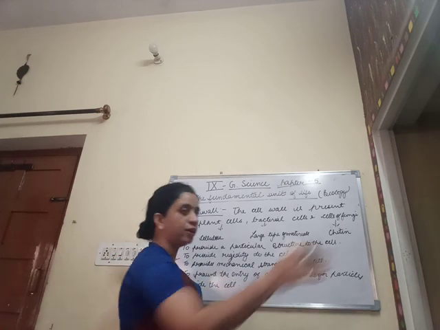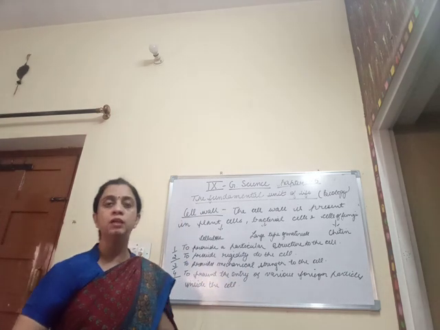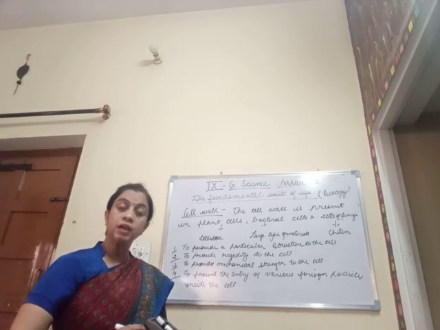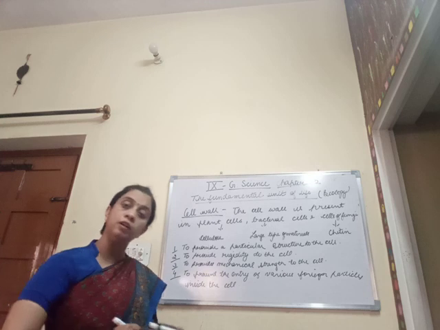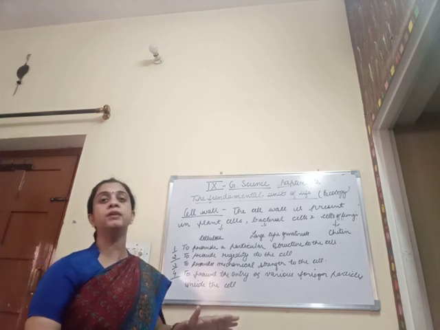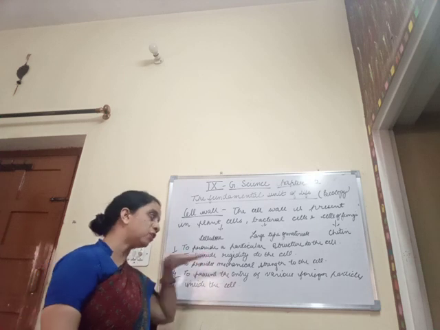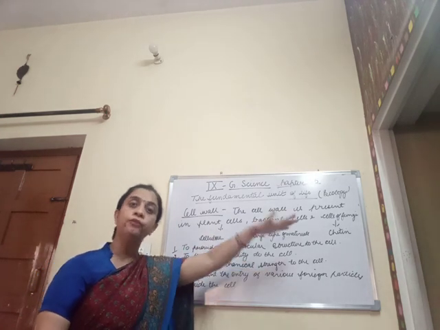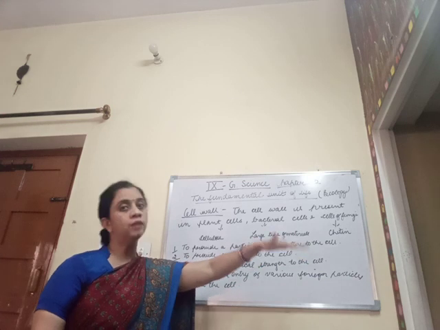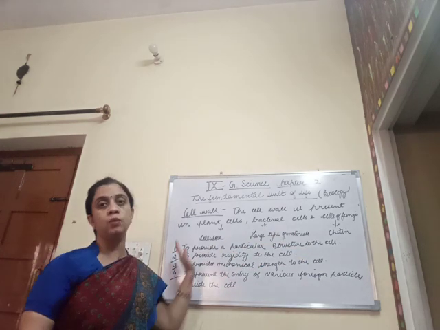Basically, it acts as a barrier to stop every foreign particle that is not required within the cell. But we can't say that it is impermeable. It is semi-permeable, and it of course allows the entry and exit of various metabolites in and out of the cell. But still, it resists the entry of various substances inside the cell. So these are the varied functions of the cell wall.